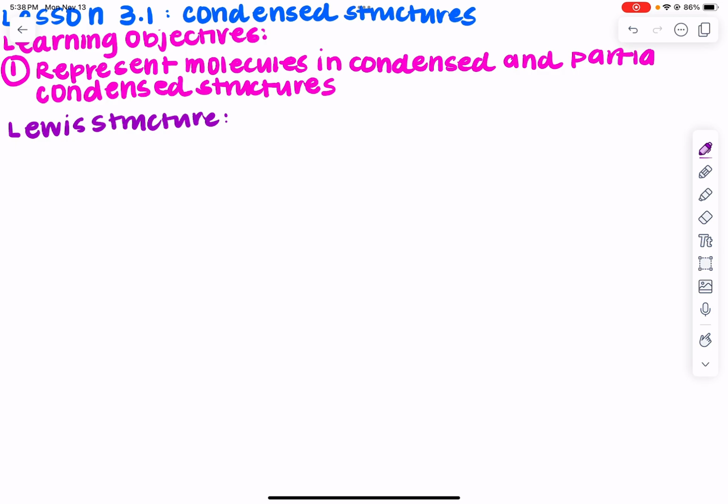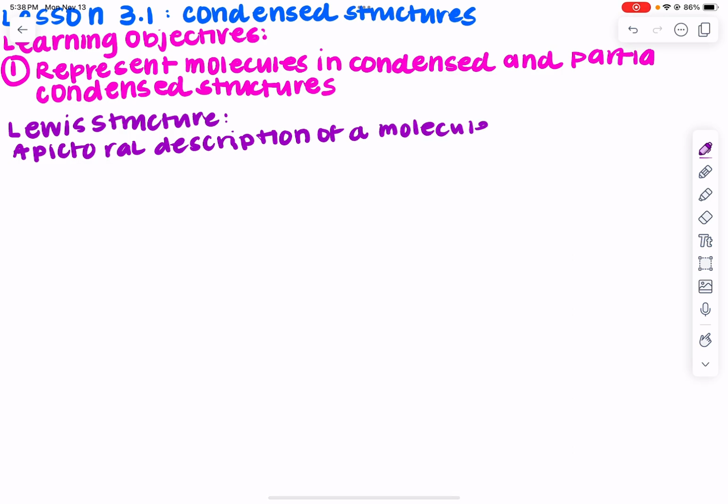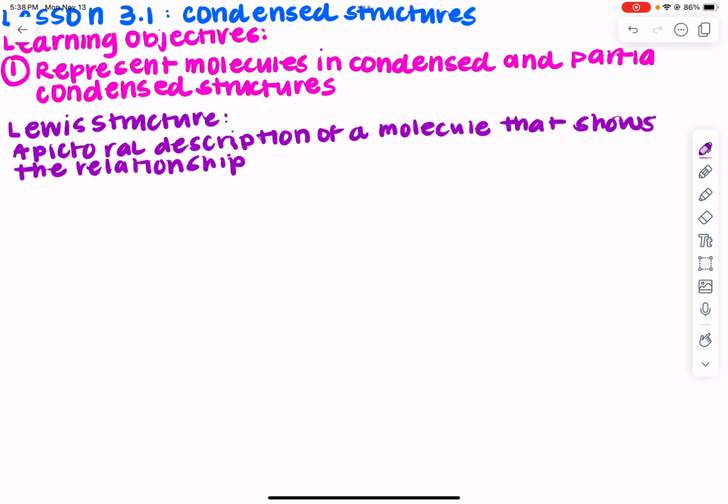But a Lewis structure is a pictorial description of a molecule that shows the relationship between atoms of a molecule and the lone pairs of a molecule.